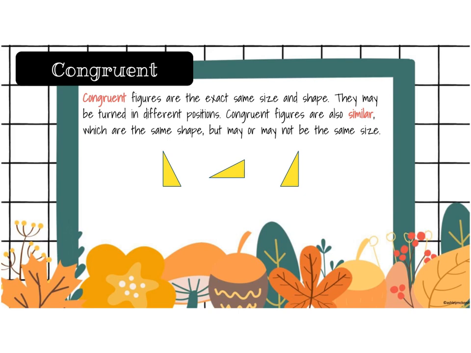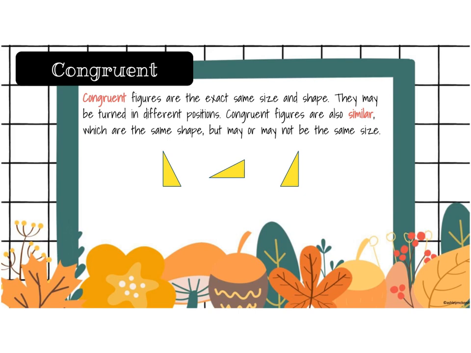So similar shapes can be considered congruent if they're the exact same size and shape. Notice how all those triangles right there are the exact same size and shape. The only difference is that from this one to this one, it's been reflected, it's flipped, and this one got turned and it's laying on its side. But they are all the same exact size and shape, so they are congruent.